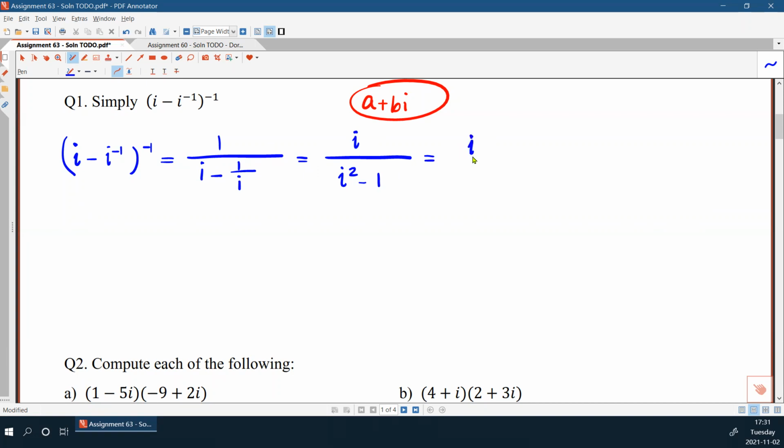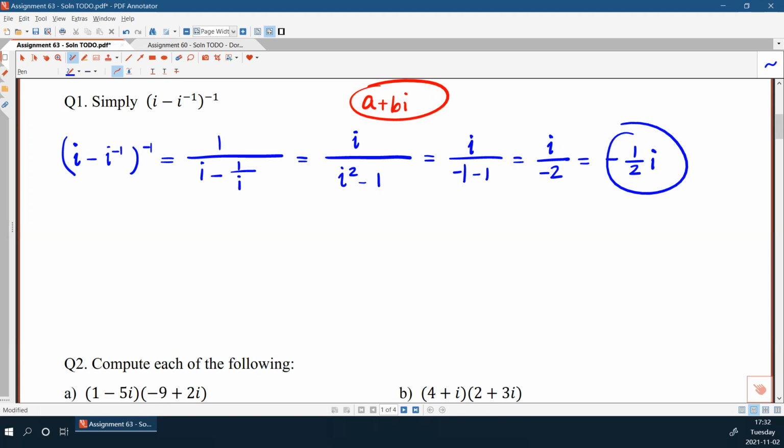And then I over I squared is -1, and then -1. So this is actually I over -2, right? And the final result is -1/2 times I. This is already in the form a plus bi. So this is the final solution, okay?